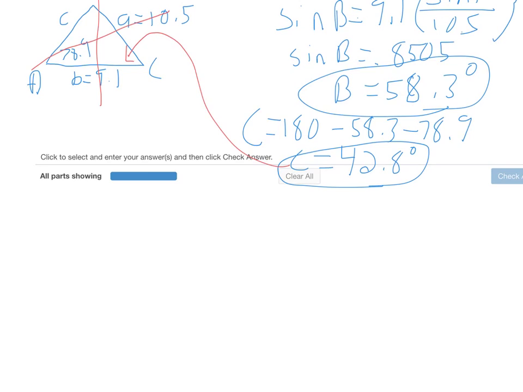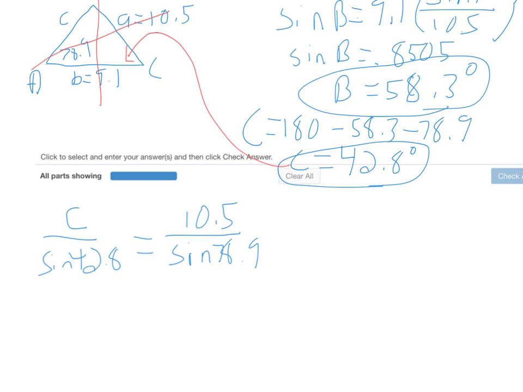So if I use the law of sines, it would be c over sine of 42.8 equals 10.5 over sine of 78.9. So if I look at the figure here, I'm saying this side c over the sine of that angle, which I have, will equal this side here over the sine of that angle, which was given.